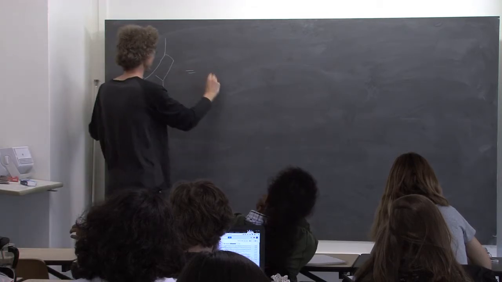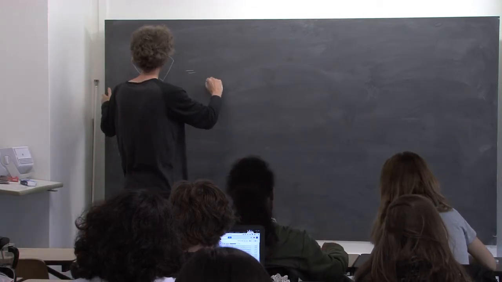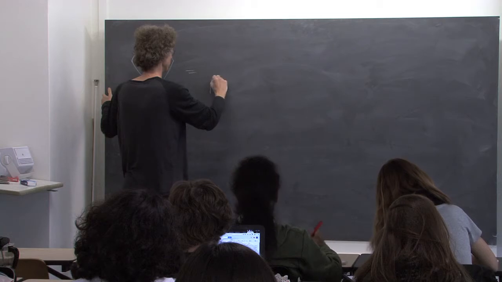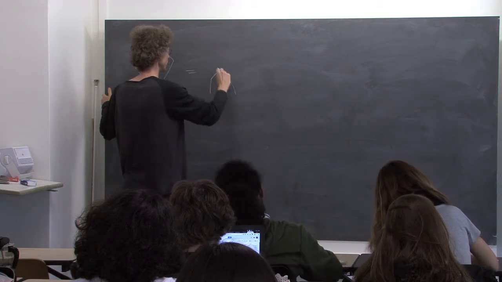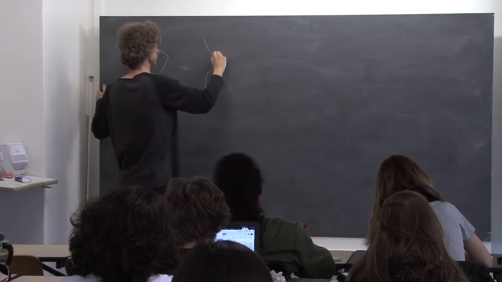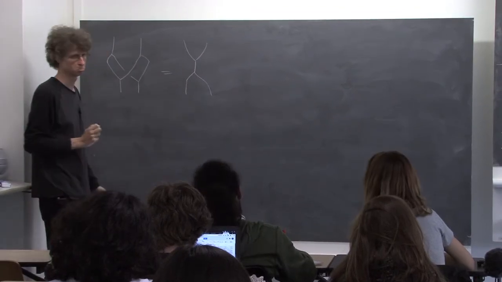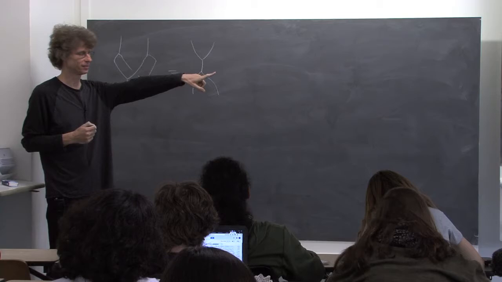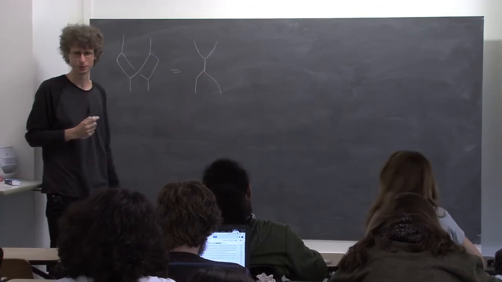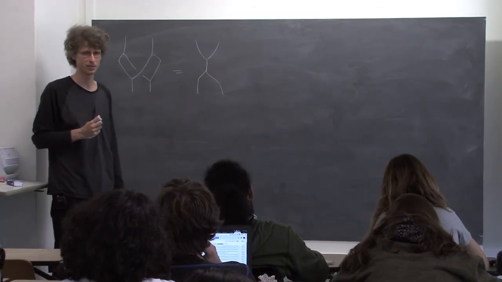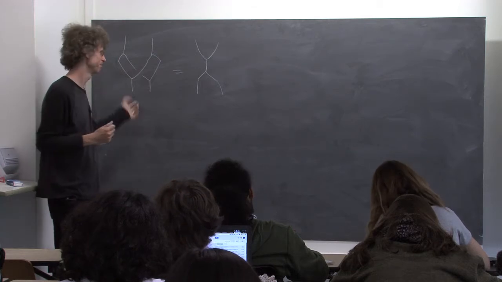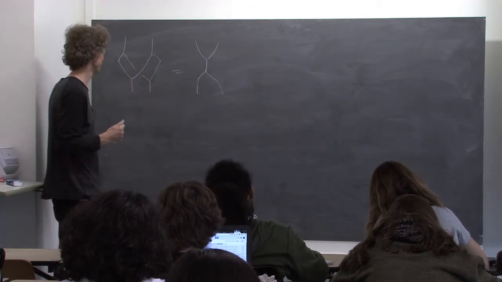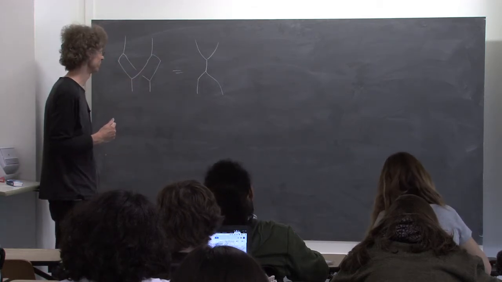This should be the same as just taking the product and then taking the coproduct. So that's, if you want to decipher what it means to be an algebra in coalgebras, this more symmetric looking picture.